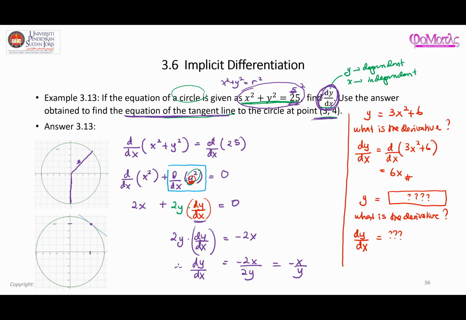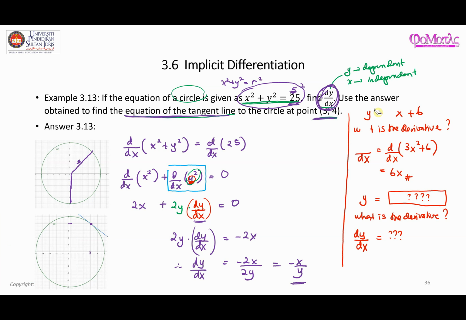So we need to find the equation of this tangent line. First of all, we need to find the slope, and the slope is given by negative x over y. Okay, so let's continue with this example here.